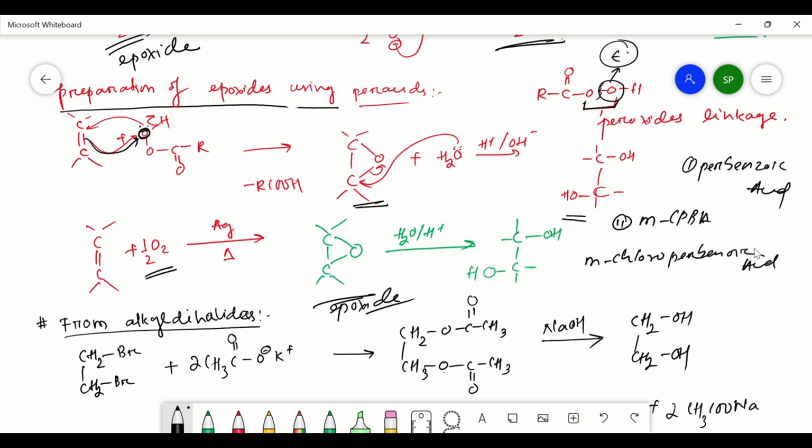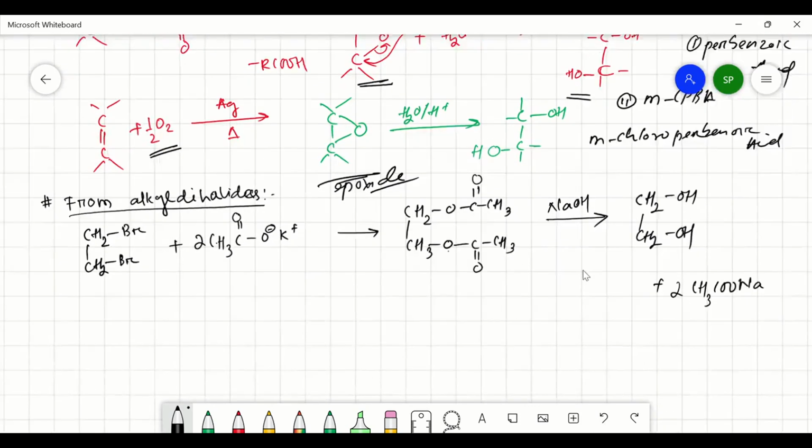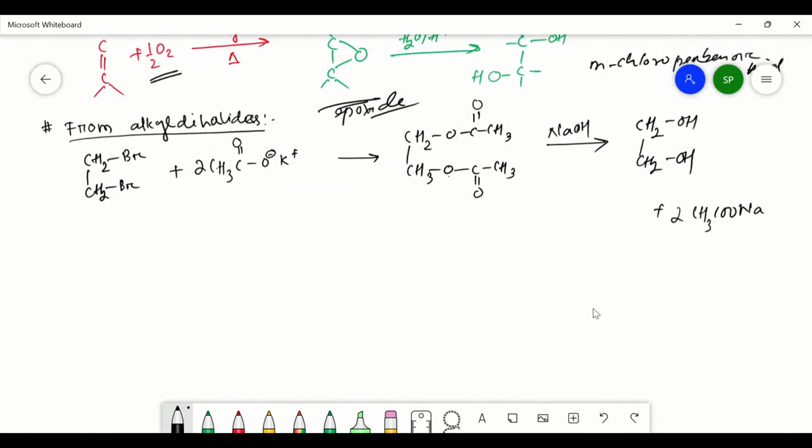Next, the preparation of diols from alkyl dihalides, like dibromoethane.